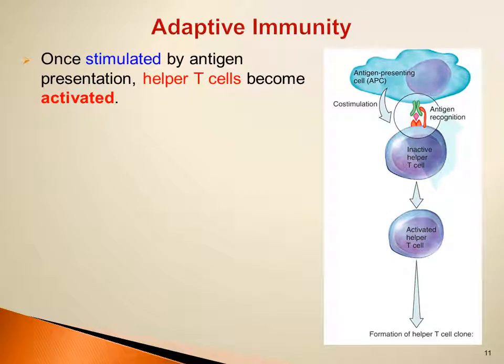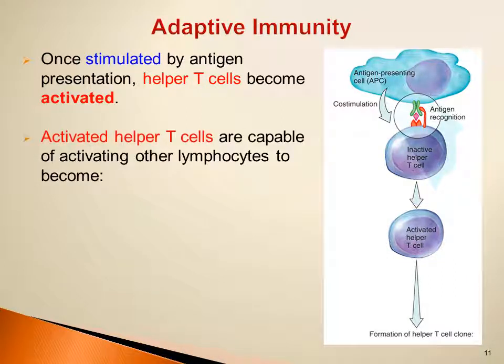Once stimulated, here we can see that the antigen presenting cell is presenting this antigen to the inactive helper T cells. So once the antigen is presented, the helper T cells become active.